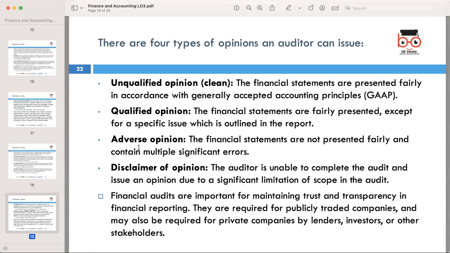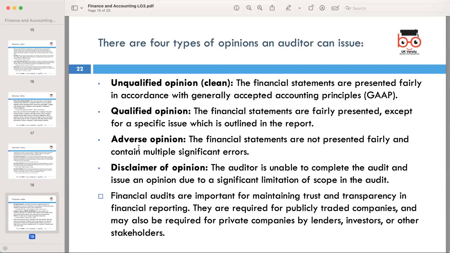So let's talk about the first one, the unqualified opinion. An unqualified opinion, also known as a clean opinion, is the best possible outcome of an audit. When an auditor issues an unqualified opinion, it means that the financial statements being examined are presented fairly and in accordance with generally accepted accounting principles, known as GAAP.